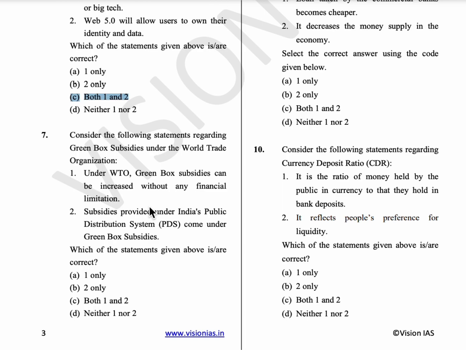So here we have the amber box. In the amber box, the domestic products which are considered to distort trade and production fall in the amber box. So subsidies and support prices are given to these products. Let's take an example: if onion price or wheat price will distort, okay, wheat doesn't distort at that maximum point, but some agricultural products distort heavily.